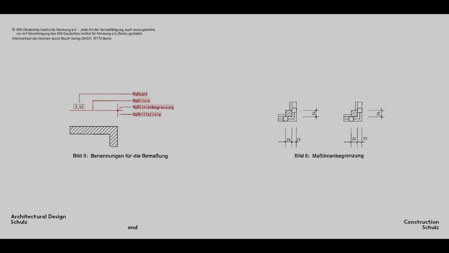A dimension line limit shows the point at which dimension line and auxiliary dimension line intersect, and thus improves readability. DIN 1356-1 shows two ways of representing the dimension line limit. We recommend using the short diagonal line shown on the right-hand side here, as it has become the established symbol.